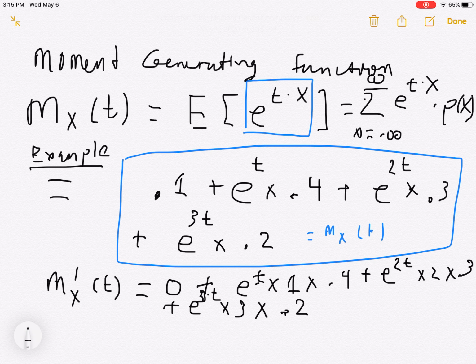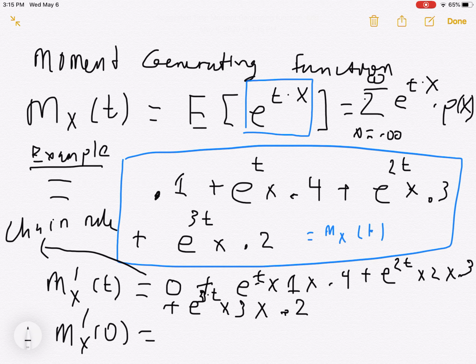So notice we use the chain rule here. So already your calculus review has come back and been handy. Now I'm going to plug in 0.